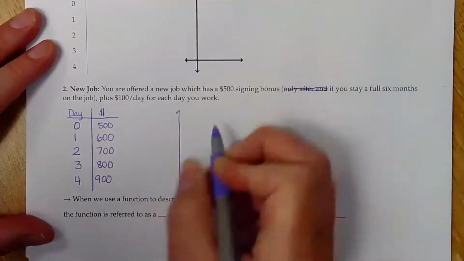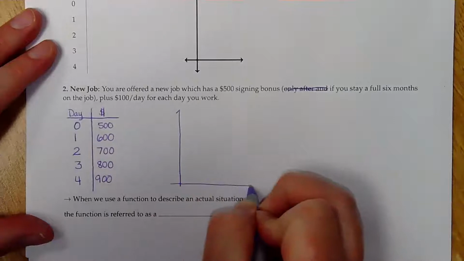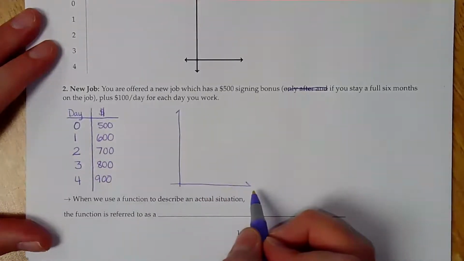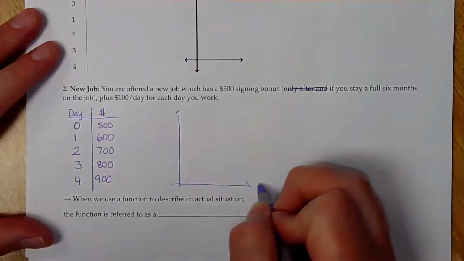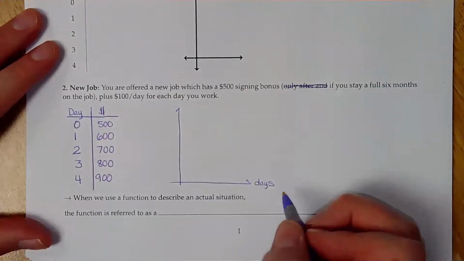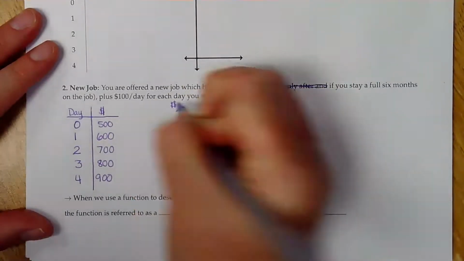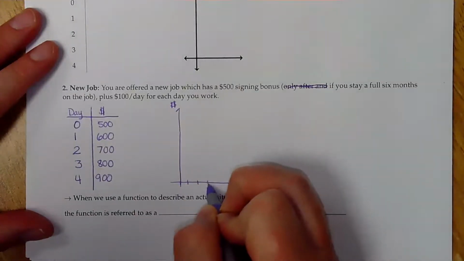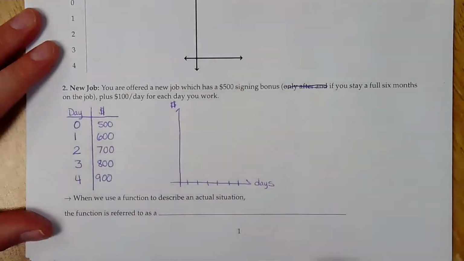So we'll put our horizontal and vertical axes on here. My horizontal axis is going to get my independent variable, or my input, which is the days. And then the vertical axis is going to get my output, which is that money. For the days, I'm just going to go by ones. It seems pretty reasonable.